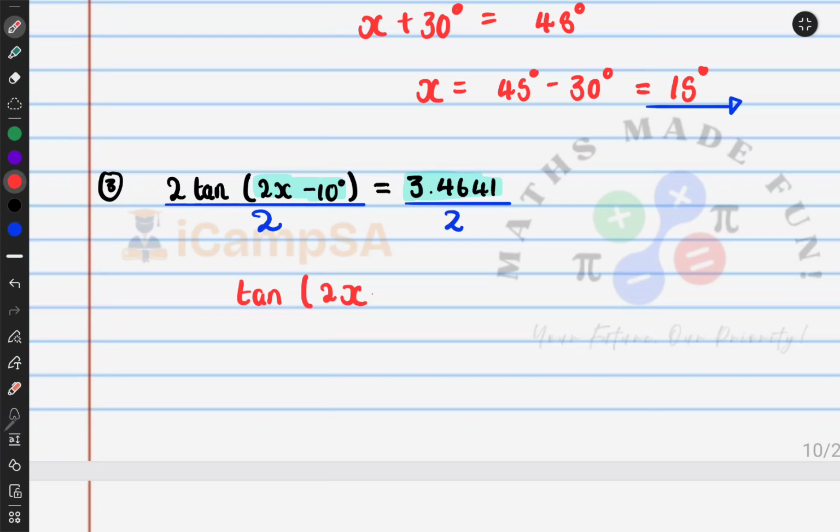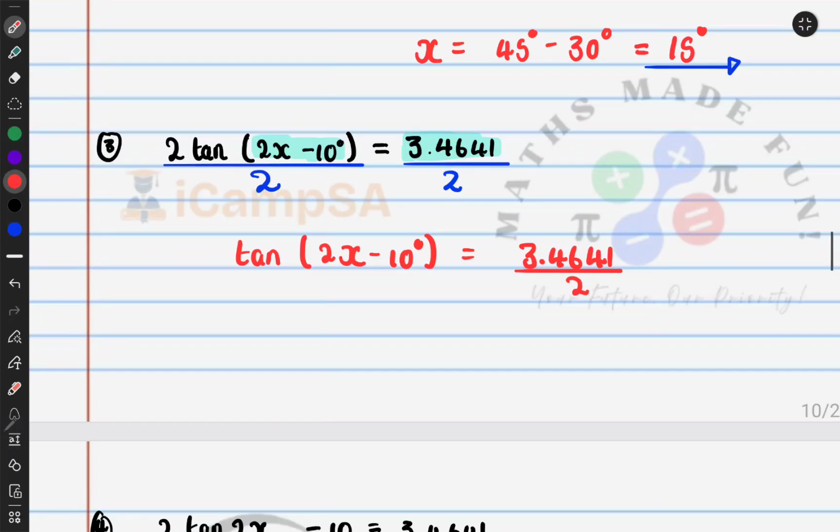tangent of (2x minus 10 degrees) is equal to 3.4641 over 2. Okay, and then next we isolate the angle, so we're going to have 2x minus 10 degrees. We take the tan to the other side, which will be tan inverse of 3.4641 over 2.